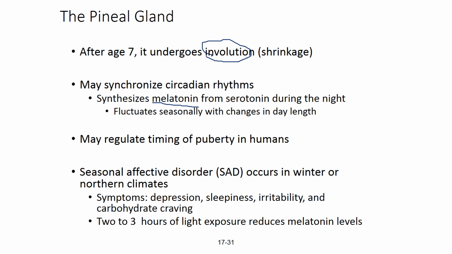It's because the lower levels of light exposure in the winter months lead to an elevation in melatonin production, which makes us feel sleepy. So a fix to that is getting some sunlight exposure to reduce those levels. We also know it may have something to do with the timing of puberty, because we see in children whose pineal gland has been affected that it can mess with the onset of puberty.